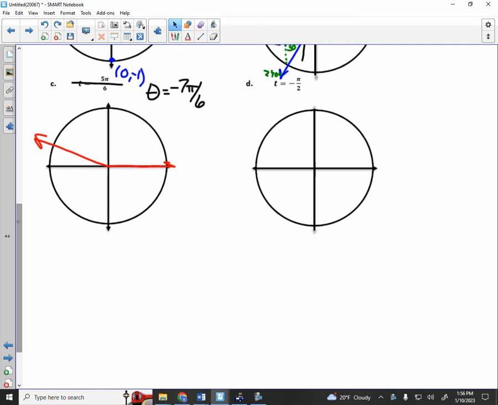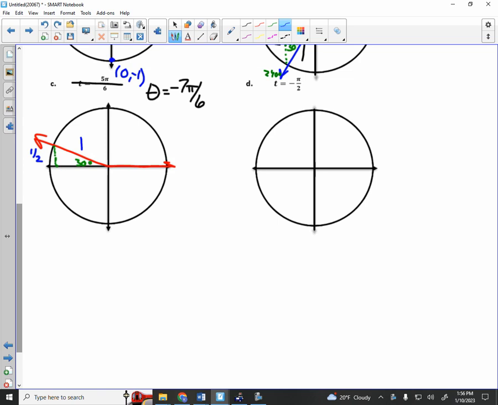I will draw my reference triangle. What is the angle formed against the x-axis here? 30 degrees, because we had 210 and 180, so 30 degrees. So I have a special 30, 60, 90 right triangle. What is the length of the hypotenuse always? 1. What's going to be the length of the short side? 1/2.